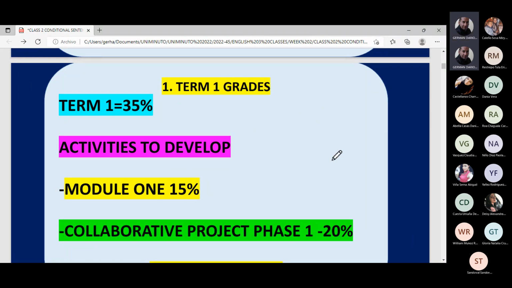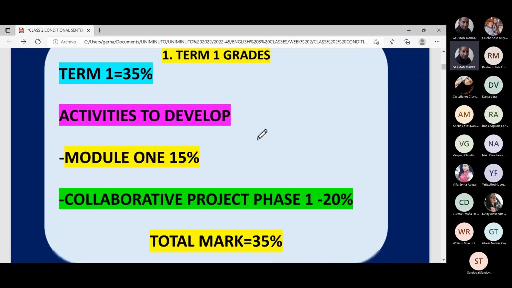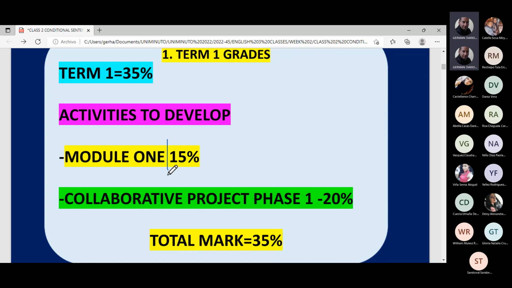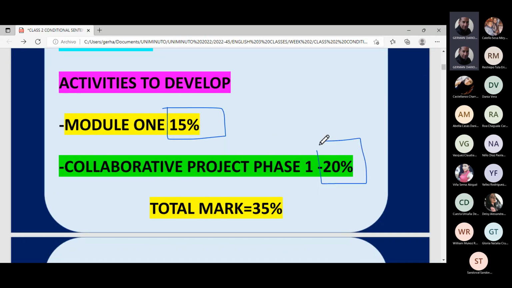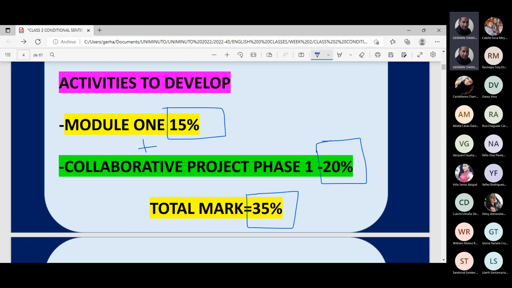I also remind you that we need to develop some activities during this term. Remember that the units correspond to 50% and the Clotted project corresponds to 20% of module number 1. So when we add module number 1 and the Clotted project, we get the 35% that corresponds to the grades of the first term.